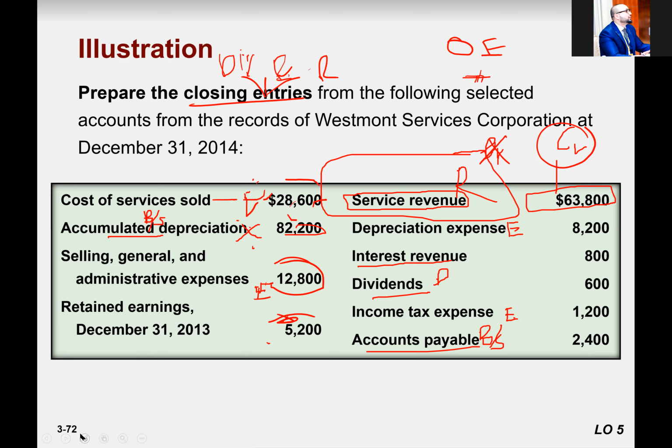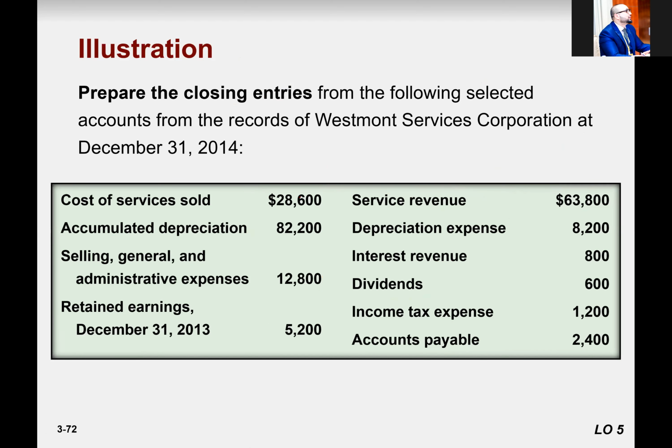Cost of goods sold, debit balance. Why? Because this is expense. Selling, general and admin expense is also debit because this is expense. Income tax payable is a balance sheet item, so we are not taking that as expense.